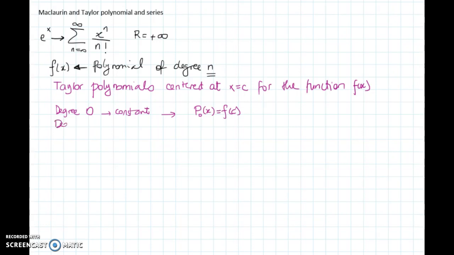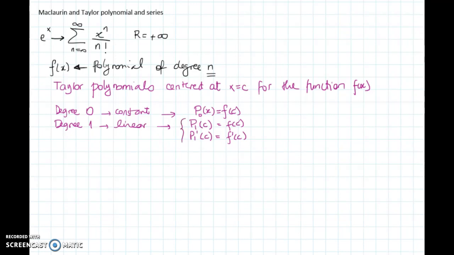Now we want to look at a polynomial of degree 1. So this is going to be a linear function. We are going to require two things. Let's call it P1. We want this P1 to coincide at c with the value of the function at c. But we also want the derivative to coincide with the derivative of the function at c.